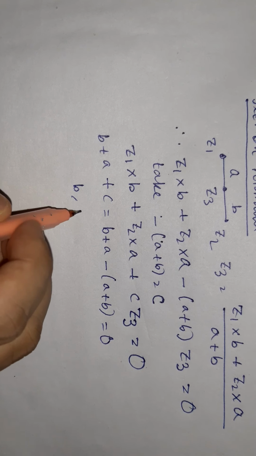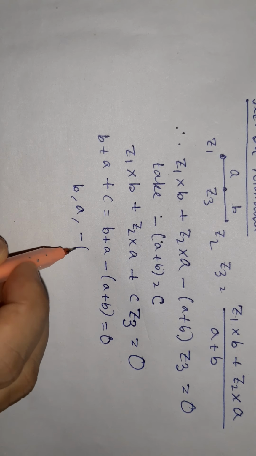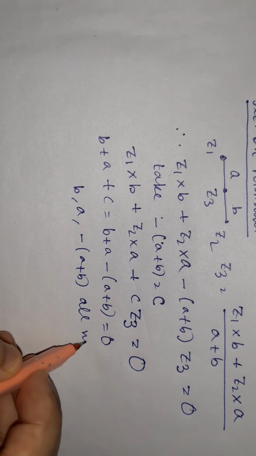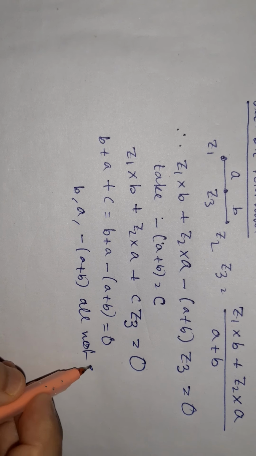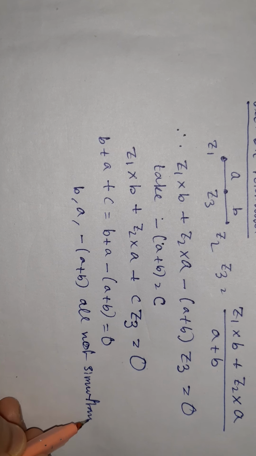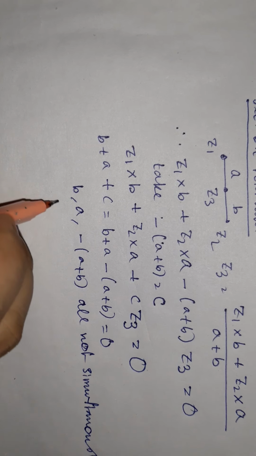And b, a and minus (a plus b) are not all simultaneously 0.